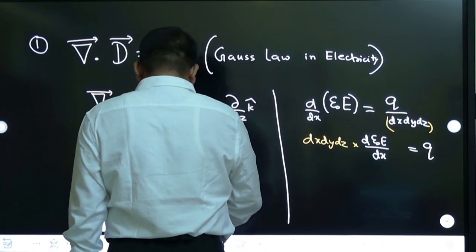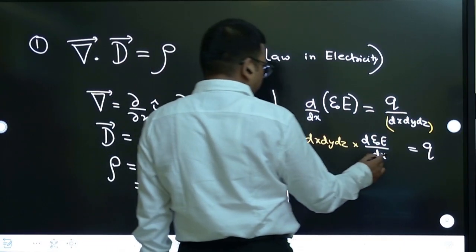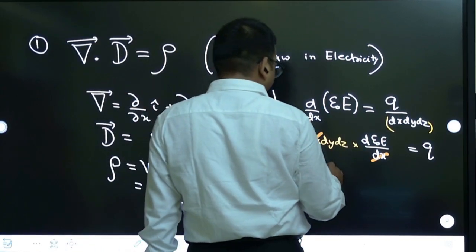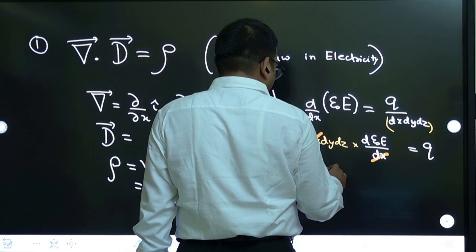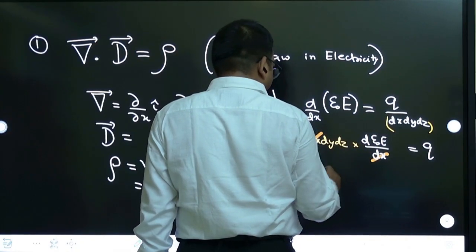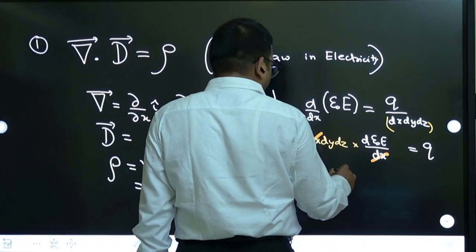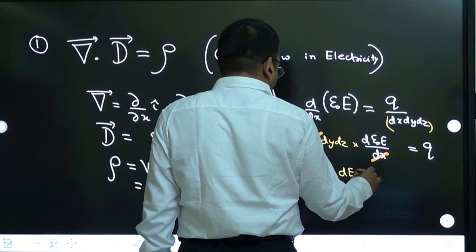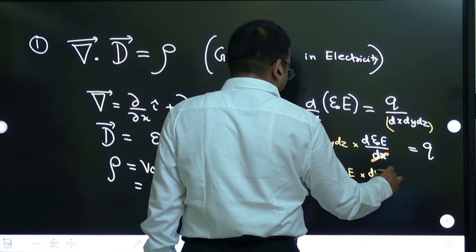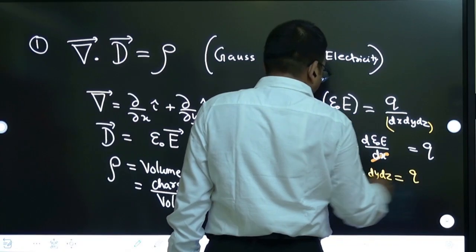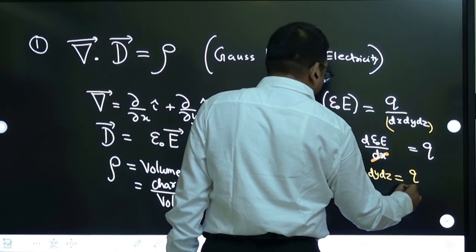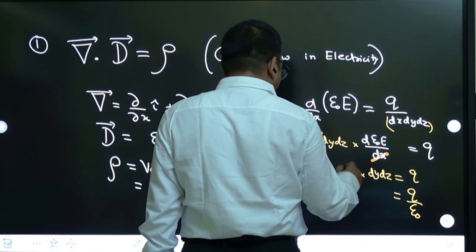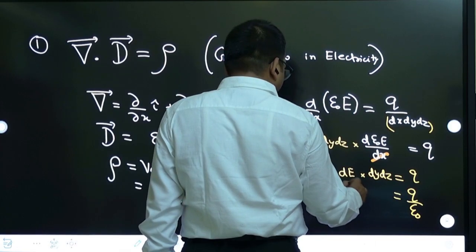So what happens now is this dx gets cancelled. Epsilon naught can be taken out, and this d of E will remain, and dy dz will remain, and this will be charge. This epsilon naught I will take to that side, so charge by epsilon naught. And this is like electric field and a small area. That electric field you can take as constant.